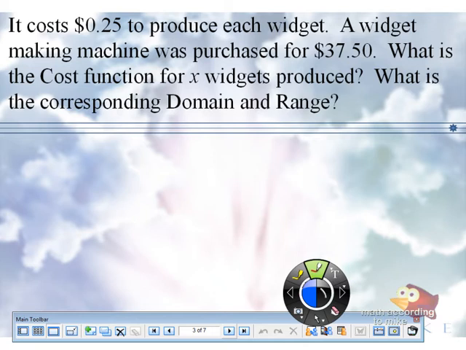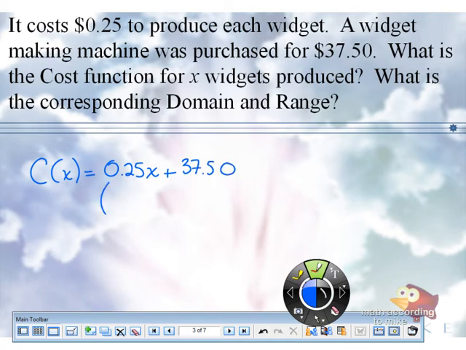So in general, what is the formula for the cost function? Well, we like to do the variable cost first. So that's the cost per item times the number of items, X, plus the fixed cost.